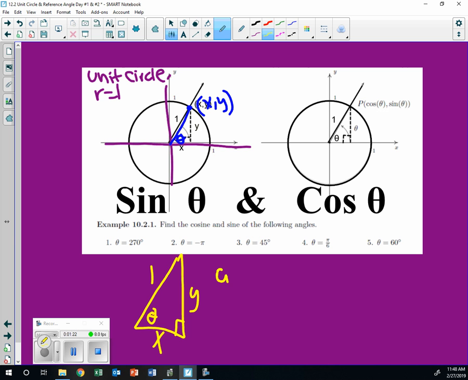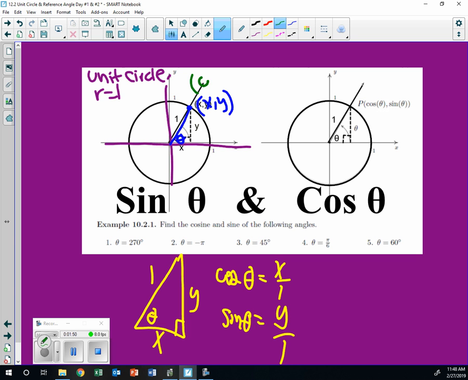we can respond to this with SOHCAHTOA. What's the cosine of theta for this yellow triangle? Cosine is opposite or adjacent over hypotenuse? Opposite is sine. So sine is y over 1, and cosine is adjacent, x over 1. So what this means, when you have a radius of 1, you don't need to say xy.